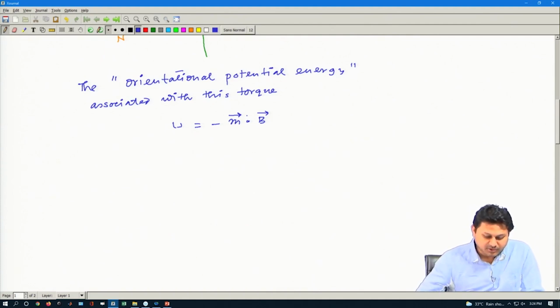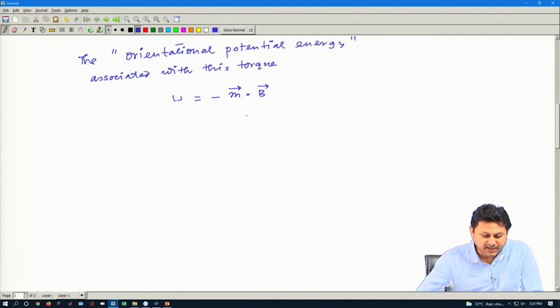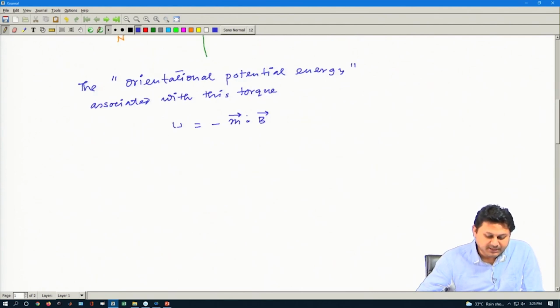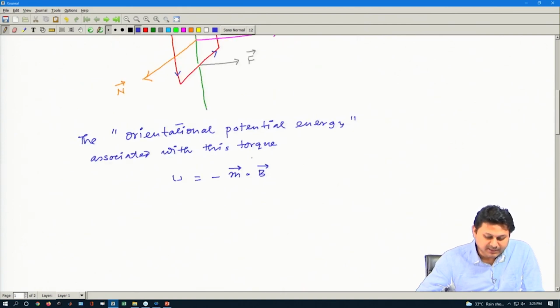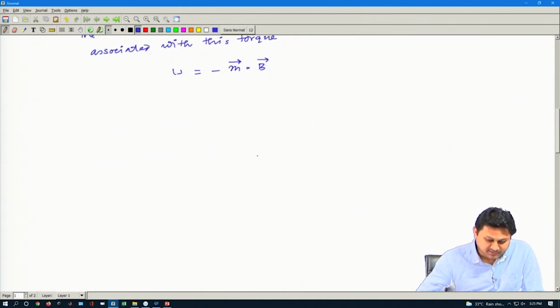You need to do some work to orient these things, and that was simply P dot E, where P was the electric dipole moment and E was the electric field. You just replace P with M, the magnetic dipole moment, and the electric field with the magnetic field B, and we get the result.